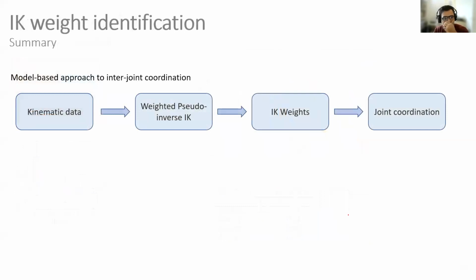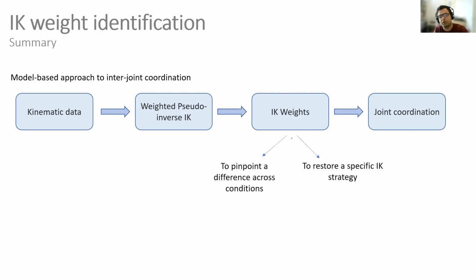So the summary of this part is that I propose a method to study inter-joint coordination that looks at kinematic data. It tries to model it with the weighted pseudo inverse, and then we arrive at these IK weights with which we can claim something about inter-joint coordination.